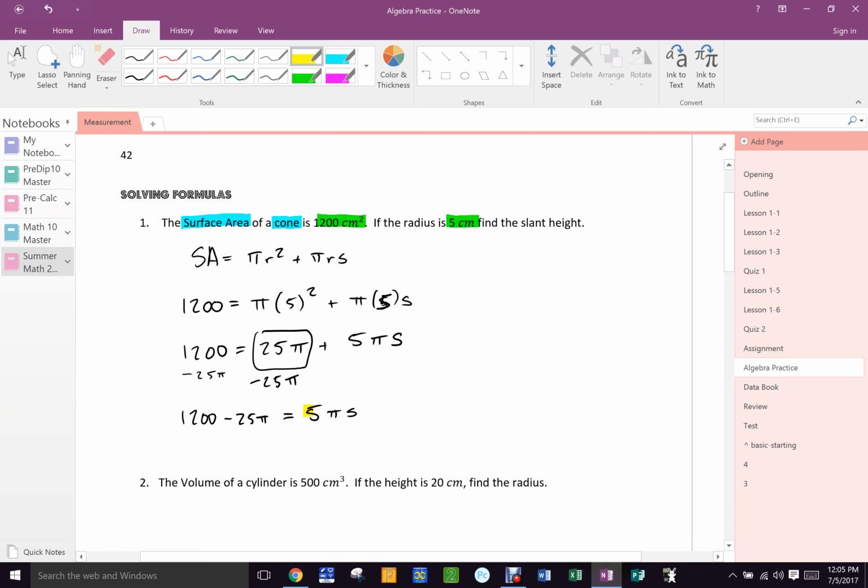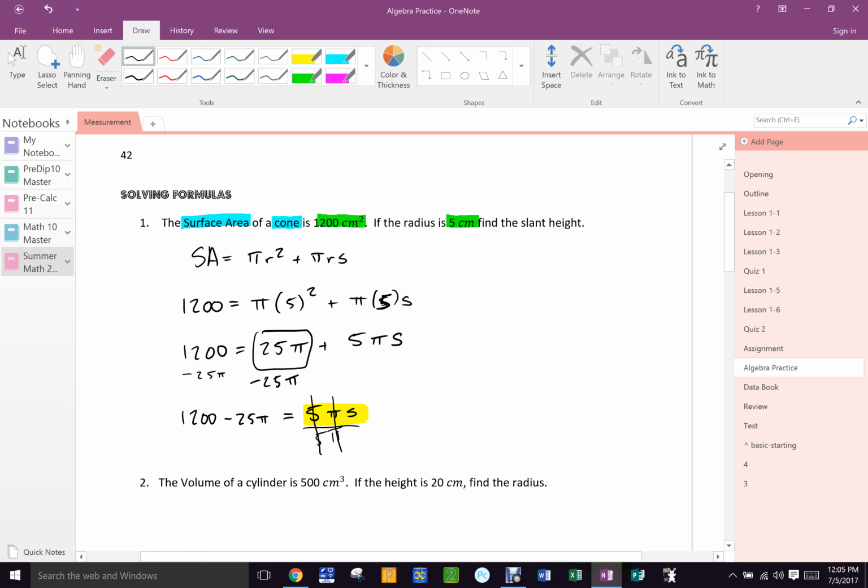What math is happening there? There's only 4 kinds of math. What math is happening under the yellow highlighting? Multiplication of 2 numbers, yes? So I have to divide those 2 numbers, don't I? Because I do the opposite of what I see. So if I divide by 5, those 5s are going to cancel, and if I divide by pi, those pi's are going to cancel.